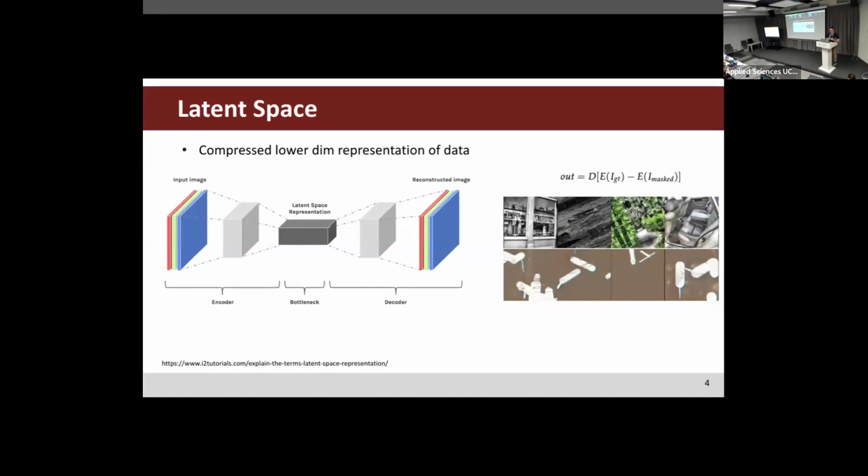On the left figure is illustrated a general representation of the concept of latent space. So we have an encoder which encodes the image to this latent representation, and then a decoder decodes from this latent representation back to the image space. And on the right figure, we illustrate our main motivation to work within latent space for inpainting.